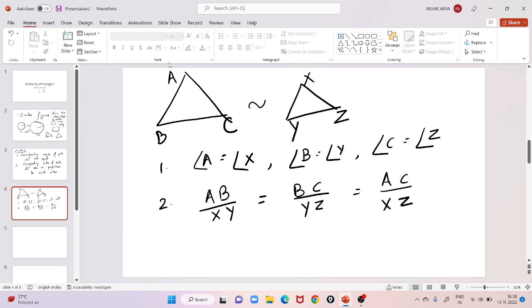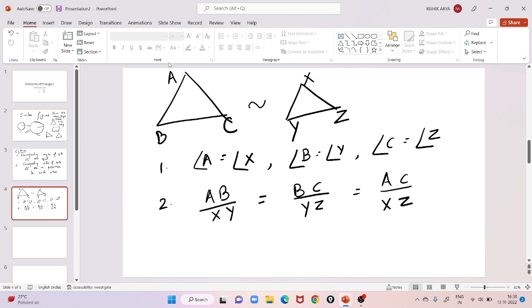In simple terms, we can say that the ratio of two sides should be equal for all three sides. So the ratio of the first side of the first triangle to the first side of the second triangle should be equal to the ratio of the second side of the first triangle to the second side of the second triangle, and that must be equal to the ratio of the third sides of both triangles.